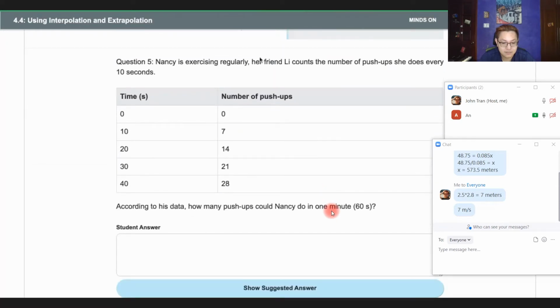Question 5. Nancy is exercising regularly. Her friend Lee counts the number of push-ups she does every 10 seconds. According to his data, how many push-ups could Nancy do in 1 minute? 60 seconds.